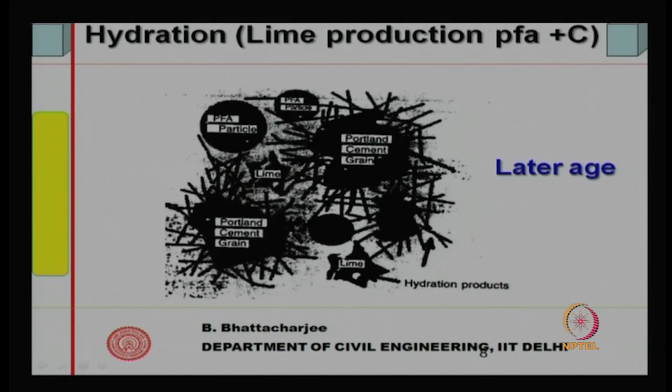So, lime would be liberated in later age, and these spheres are still intact, not really much consumed, but the lime has come and a lot of C-S-H has actually been produced. The Portland cement grain has now become much larger with its hydration products surrounding it and the lime being there in the solution.